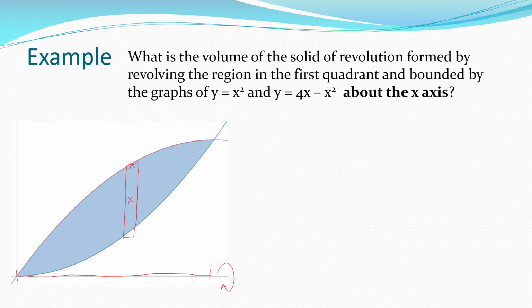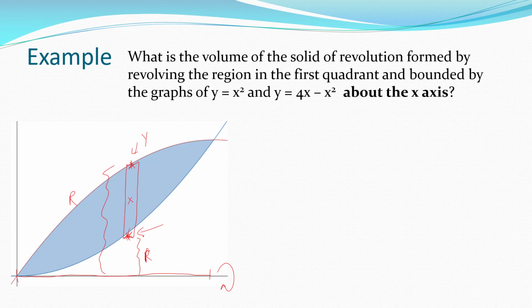It will have an uppermost point and it has a lowermost point. So since this rectangle, as it goes about the x-axis, will certainly not make a disk because there's a hole, I'll need the outer radius and I'll need the inner radius. To do that, I'll use a little r. I'll need to know what this y value is, and I'll need to know what that y value is.